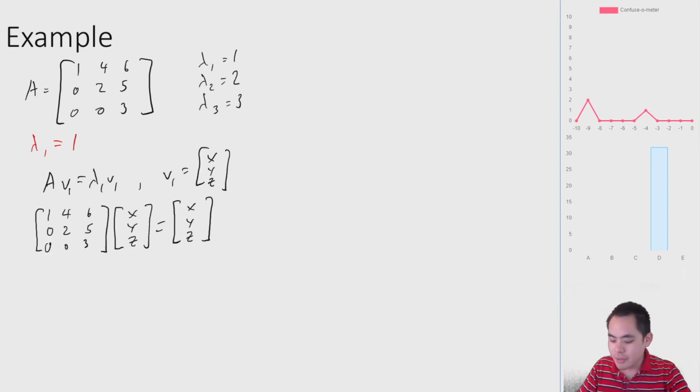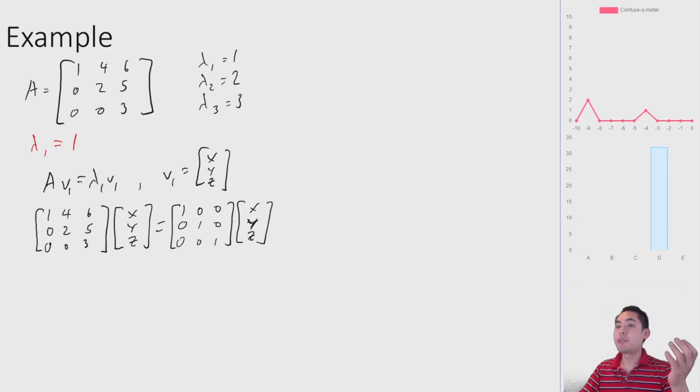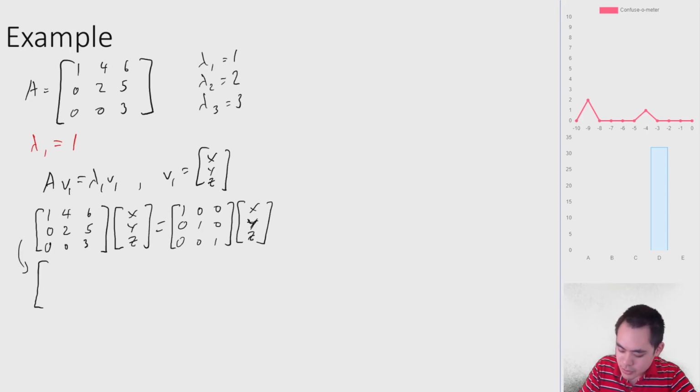One way is to rewrite the right side as the matrix 1, 0, 0, 0, 1, 0, 0, 0, 1 times x, y, z. Then you can subtract both sides and use the distributive property. This ends up giving you the matrix 0, 4, 6, 0, 1, 5, 0, 0, 2 times x, y, z is equal to the 0 vector, 0, 0, 0.